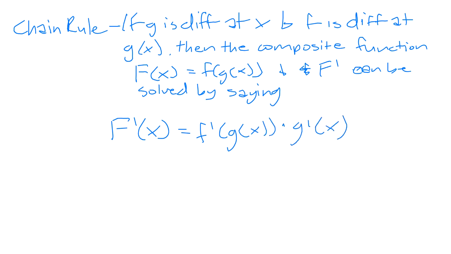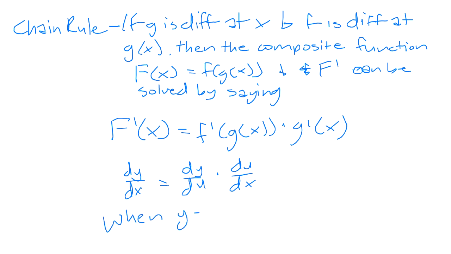Or if we wanted to put this in Leibniz notation, we can also say that dy over dx equals dy over du times du over dx, when y equals f of u and u equals g of x.